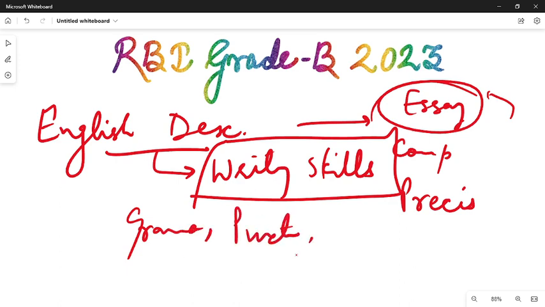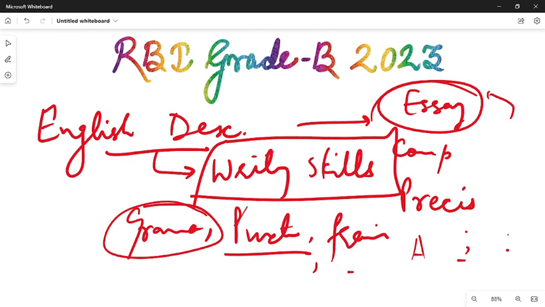They are going to judge on the basis of your framing of sentences, whether you have written a complex sentence or a compound sentence or a simple sentence or an assertive sentence, whether you have used your punctuation right: your commas, your full stops, your capital letters, your small letters, the use of semicolons, the use of colons, everything will be judged.